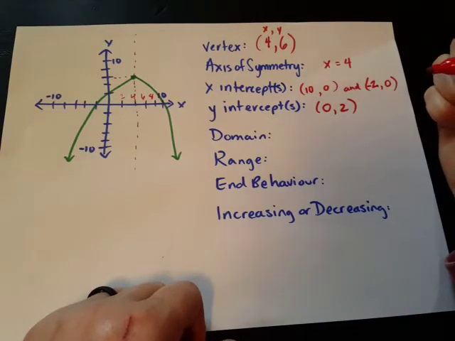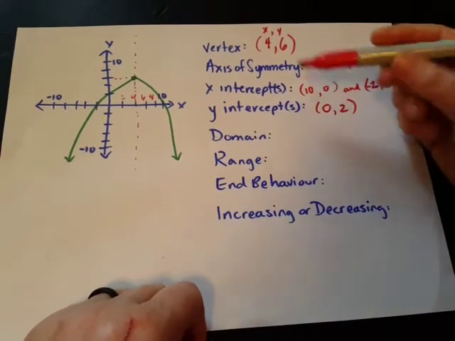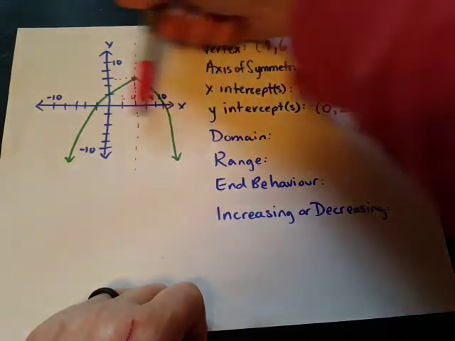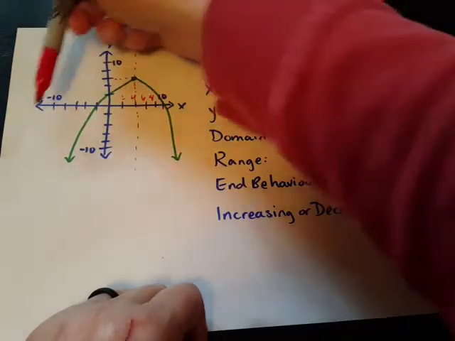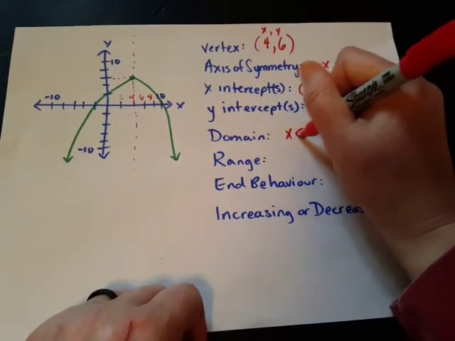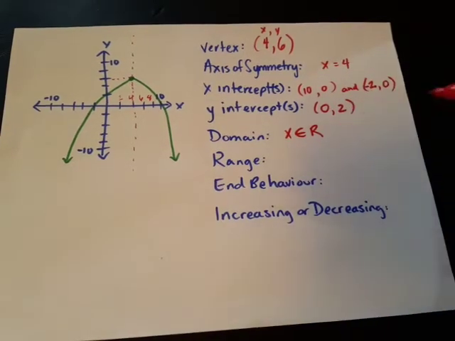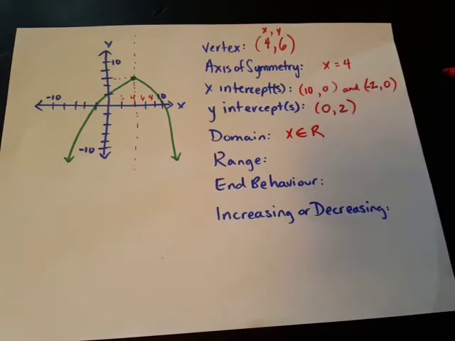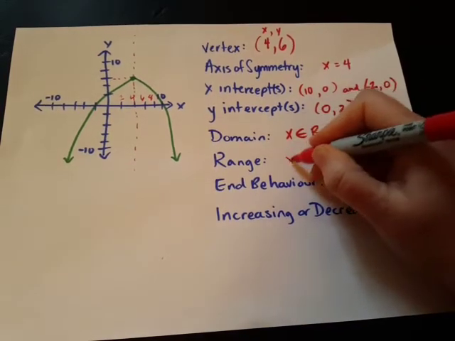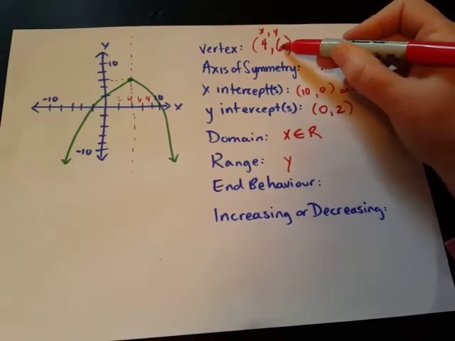The domain, again, for a quadratic function, if we're looking at all the possible x values, we would say x is in the set of all real numbers. And yes, it's always going to be like this, no matter what quadratic function you're going to look at. The range, however, we really are going to keep looking at this vertex.